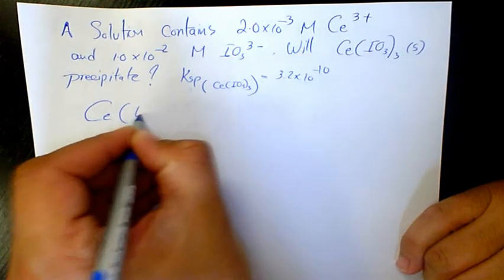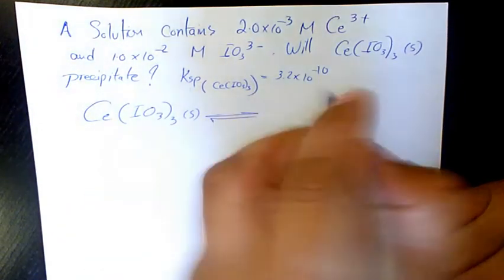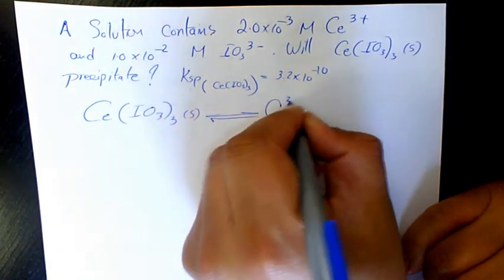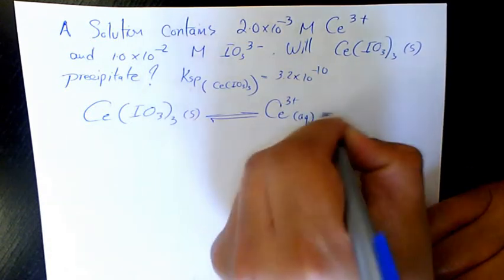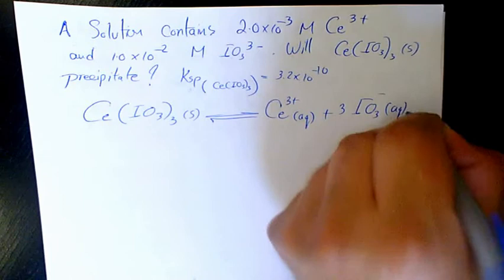So here we have cerium iodate in solid form. When it dissolves, it's going to produce its ions in aqueous phase, like that.